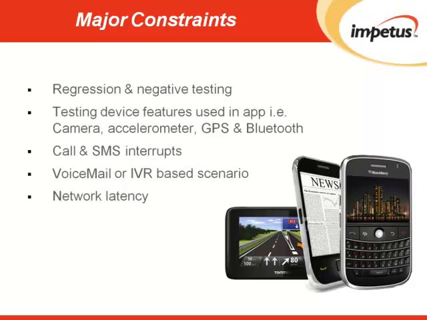We have the responses on the top, and apparently regression testing has been the biggest challenge area for our audience. What is your advice to them? Even in my past experience, I have seen regression and negative testing as one of the bottlenecks in mobile application test automation.